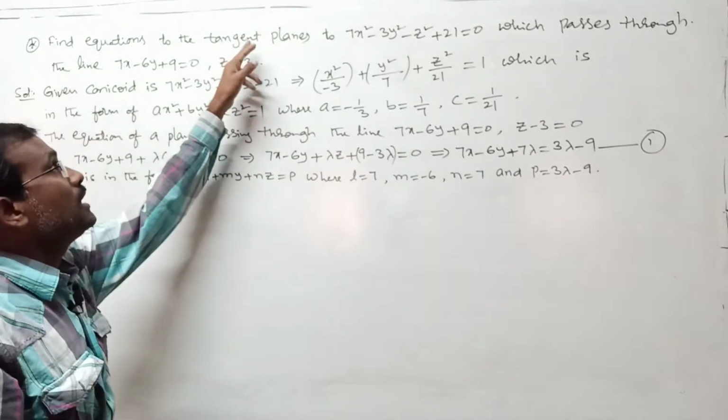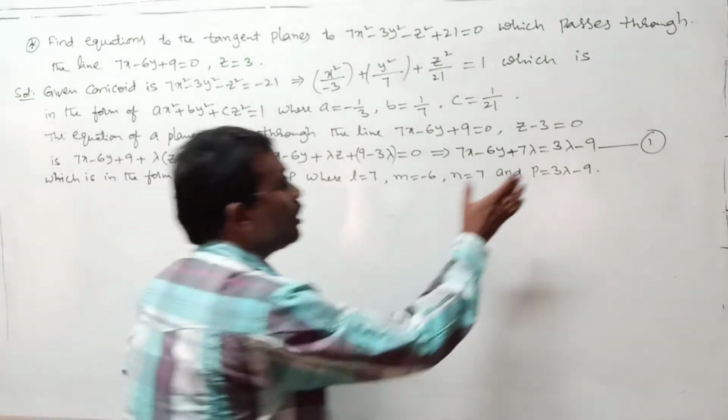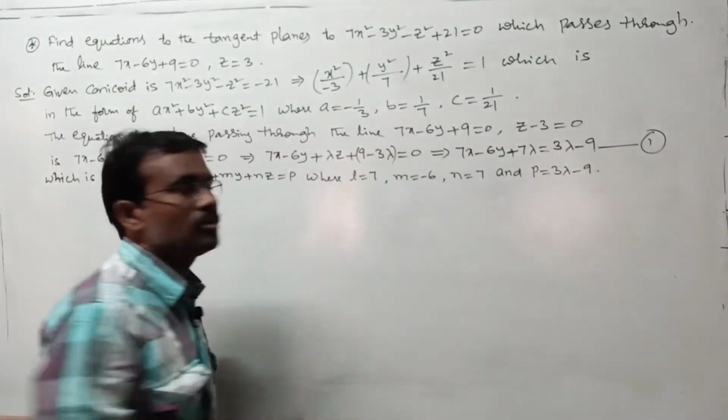We need the tangent plane equation, so you have to proceed. This is the tangent plane to the given conicoid.